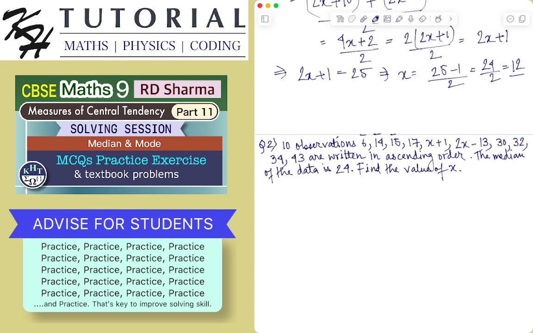1, 2, 3, 4, 5, 6, 7, 8, 9, 10. So n is 10. Again, n, the number of observations, is even.